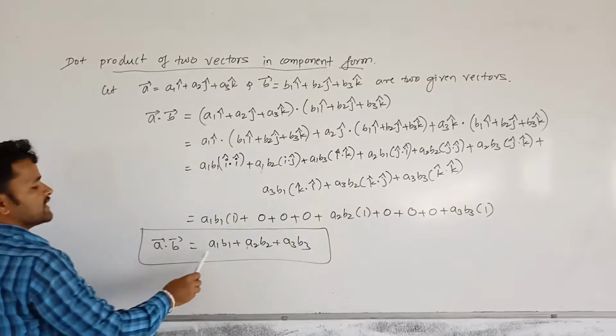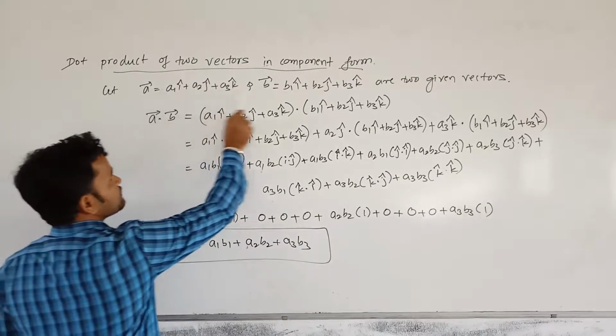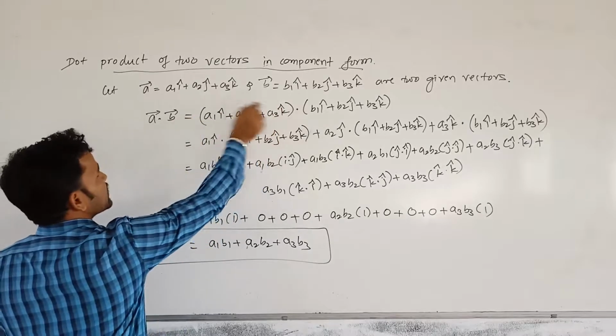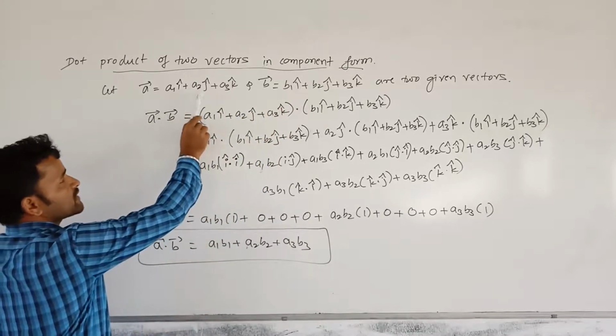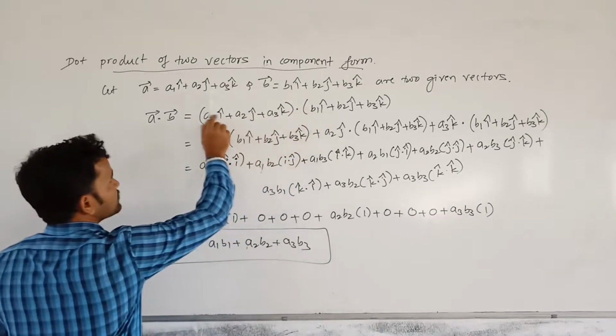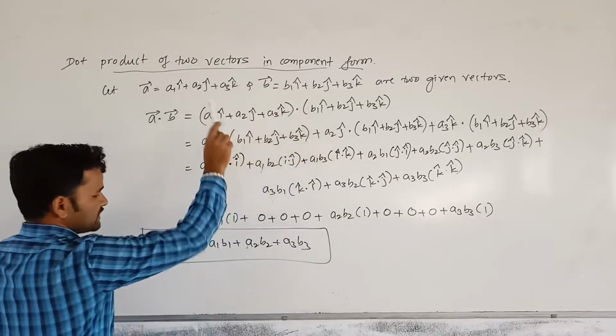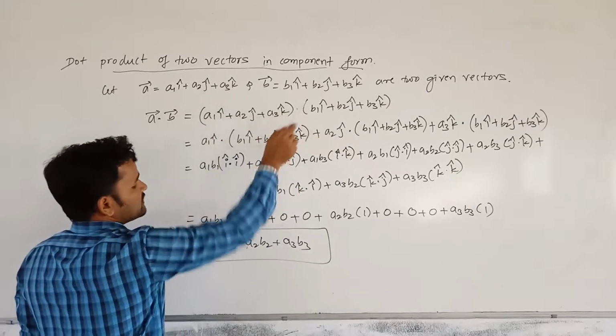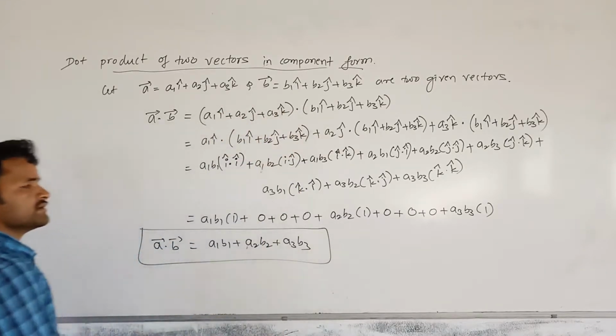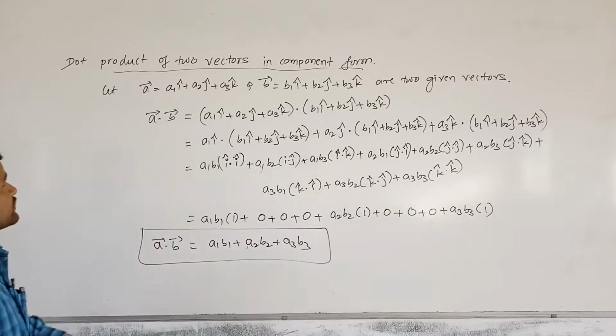Here the i component is A1, there the i component is B1, so A1 into B1, plus the j components A2 into B2, plus the k components A3 into B3. Very important one.